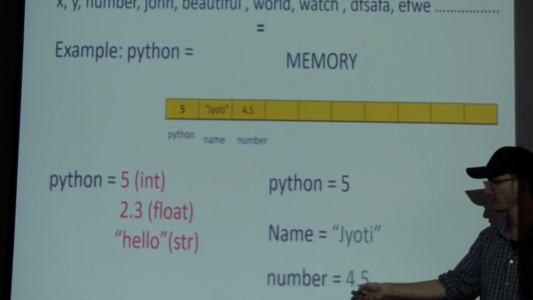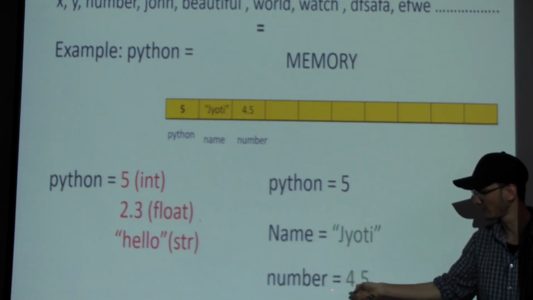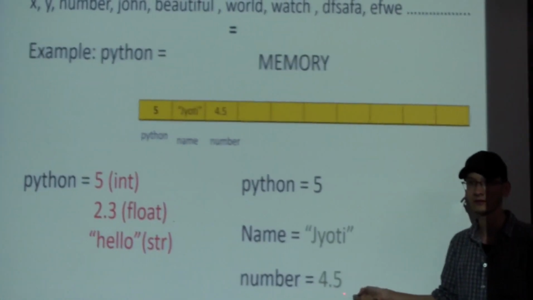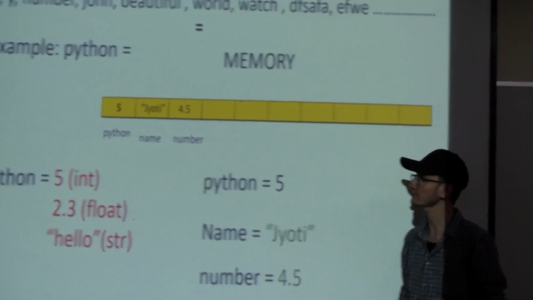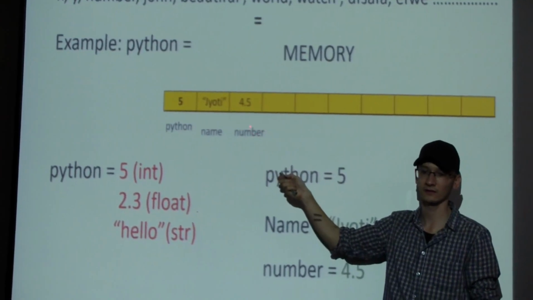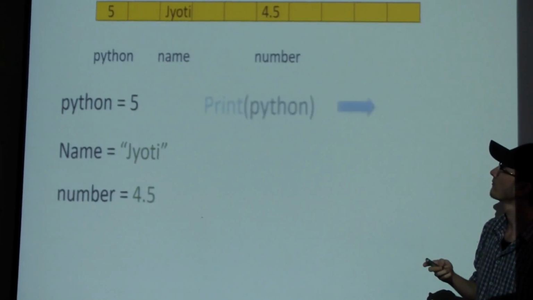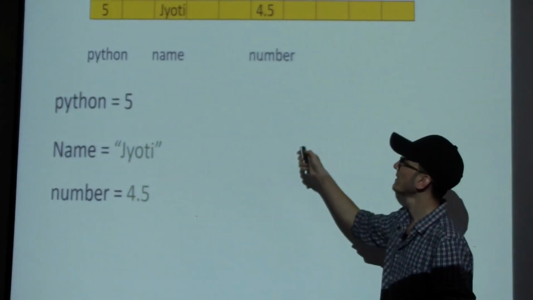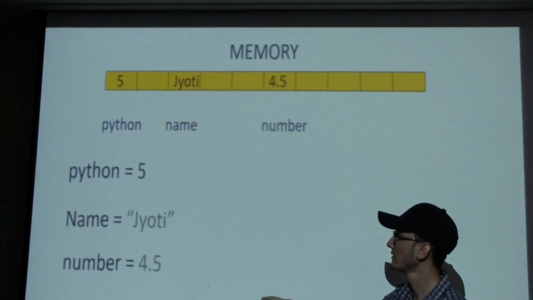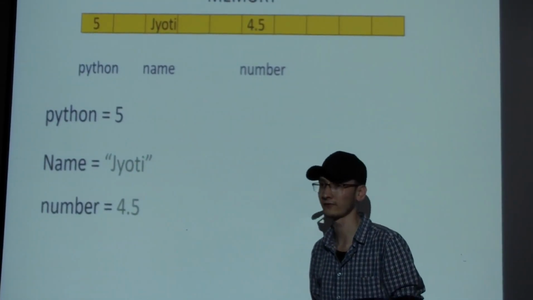Or we can write another variable, number, and its value equal to 4.5. It's a float number. The same happens with this variable. Now, in the memory we have variables and their values: Python equals 5, name Jyoti, number 4.5.